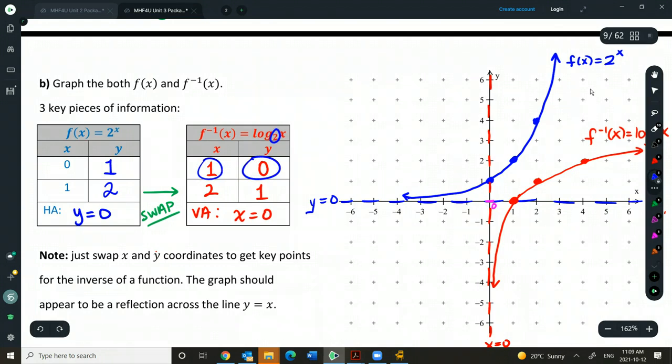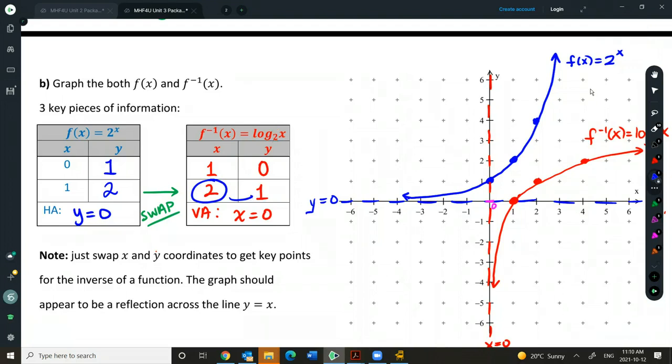That's going to remain the same because if I were to look at the original function, 2 to the x, 2 to the 0 is always 1. So it's always going to be the opposite in the logarithm as well. Every logarithm will have this point, unless it's shifted. And then the base will always pair with 1 here. So because the base is 2 here, I have the point 2, 1.